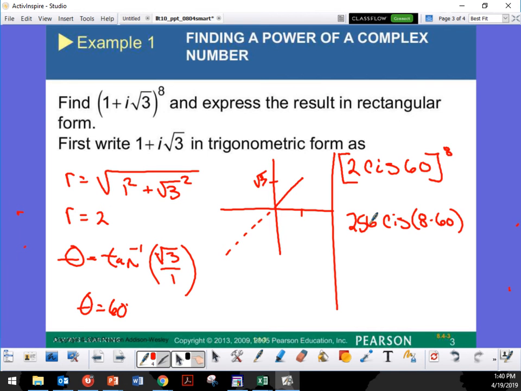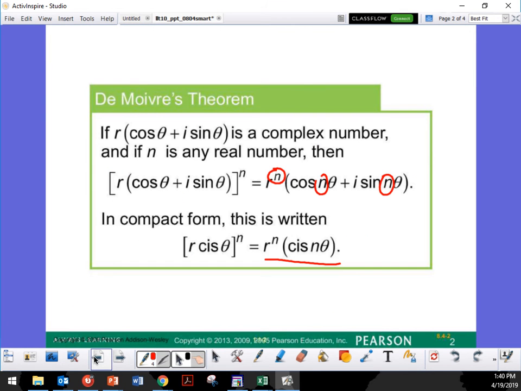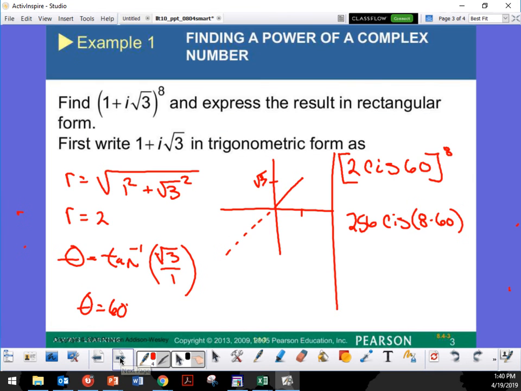256. Okay. So now here's the formula, right? R to the n, CIS, n times theta. So it's going to be 256 CIS 8 times 60. 8 times 60 is 540. That's too much, right? 480. That's still too much.